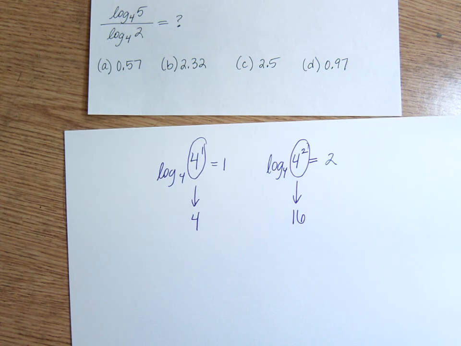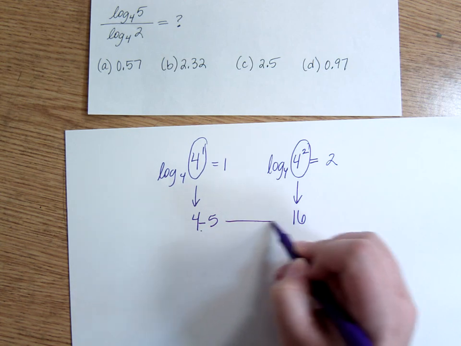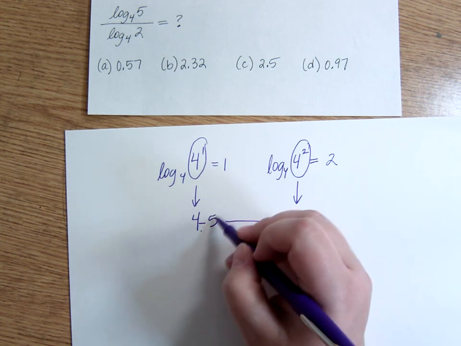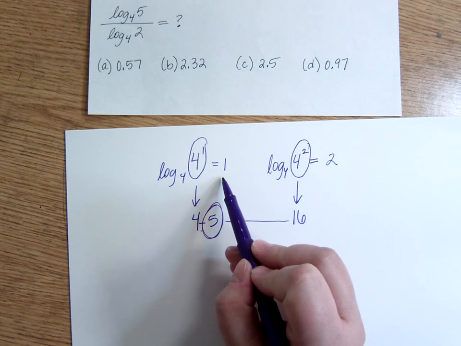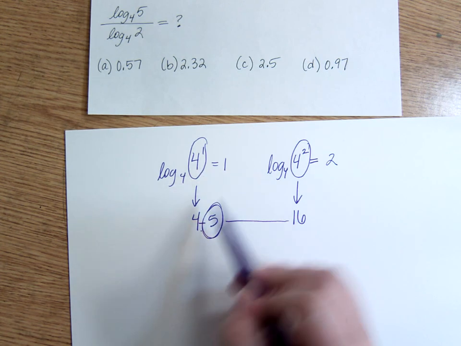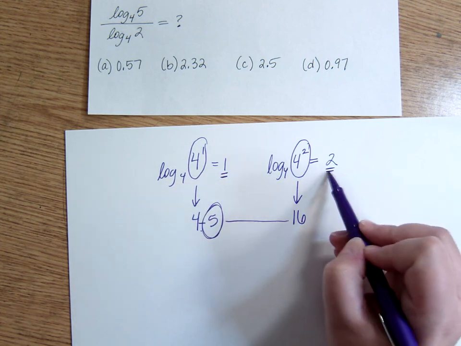5 is a whole lot closer to this. 5 is right here, if we think about it almost like on a number line. So 5 instead of 4 to the 1st is going to be much closer to 1 than it is to 2.